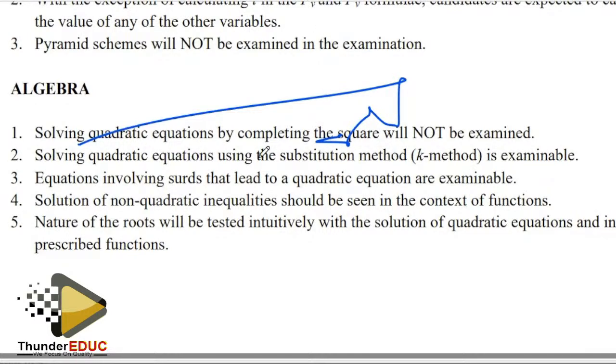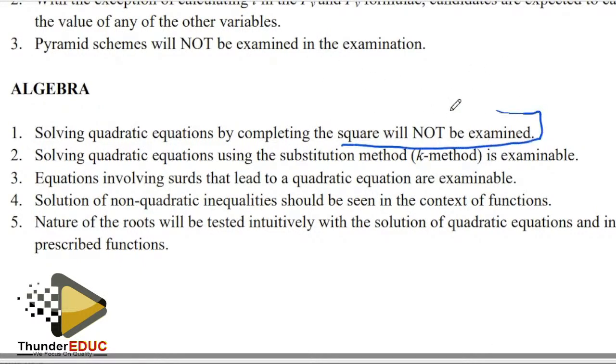Remember, the quadratic formula is obtained from completing the square. So we don't need completing the square, which is the long approach, but rather we use the simplified approach. The quadratic formula can be found on the back page of the paper. So our main focus is just the factorization, and then the quadratic formula.